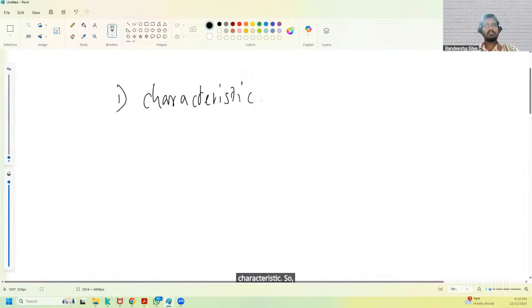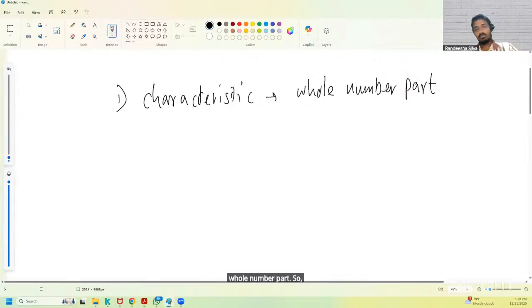This is called the whole number part. It means the power of 10 when the number is written in scientific notation.